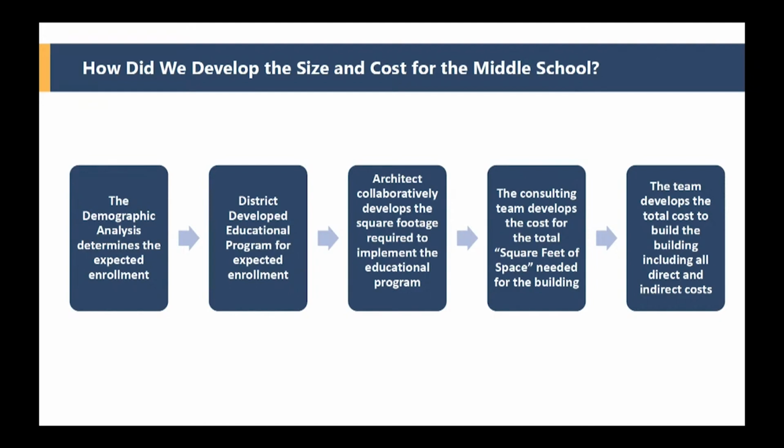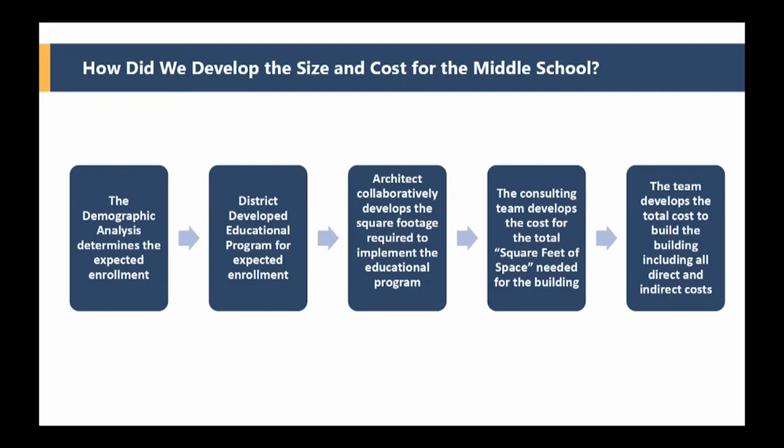Then the district has an educational program that it wants to run for those middle school students. That's the middle school teaming model, and that's a modern way of educating middle school students. We then have Mr. Schrader's group put together square footage for that educational model. So we figure out what is the size of the building to run that educational program.